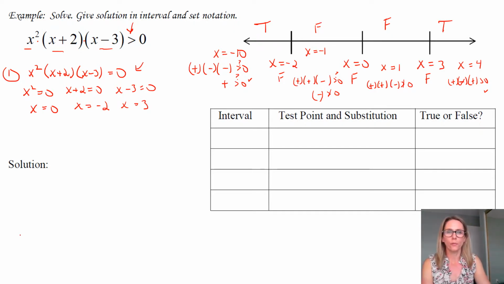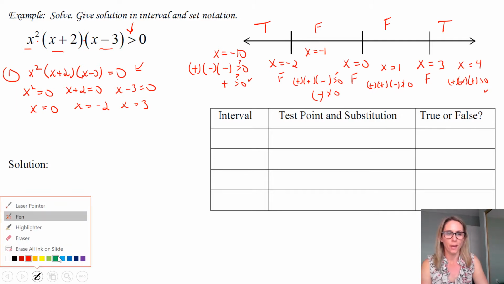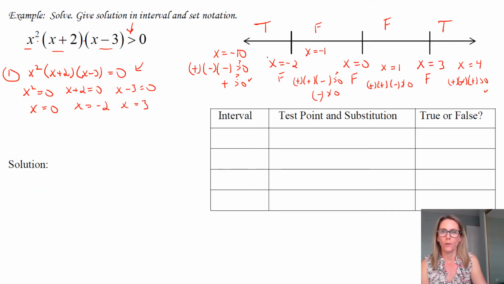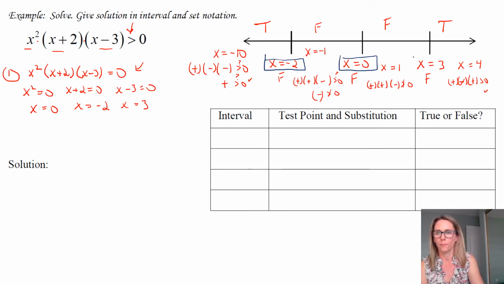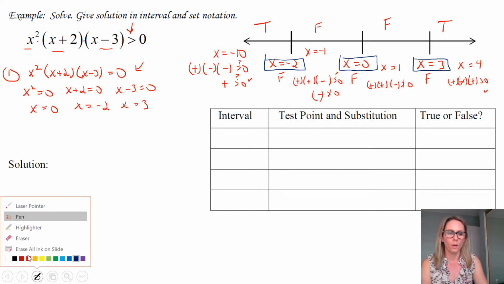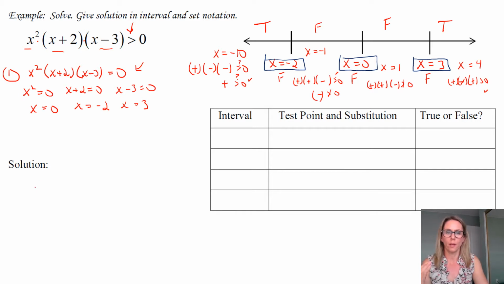So we can see that these are the values that we care about. These are the values that will be in our solution here. Okay, so coming all the way up to -2 from -infinity is our first interval.